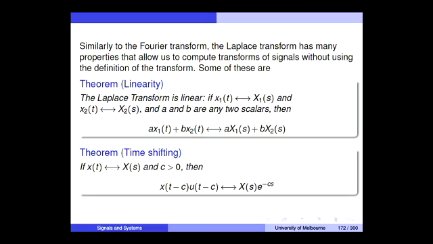So I will have an x1 region of convergence and an x2 region of convergence. When I add them together, I will have the overlap of my regions of convergence, so that in this region both signals will have a Laplace transform. So only the overlap. It's the intersection, right?